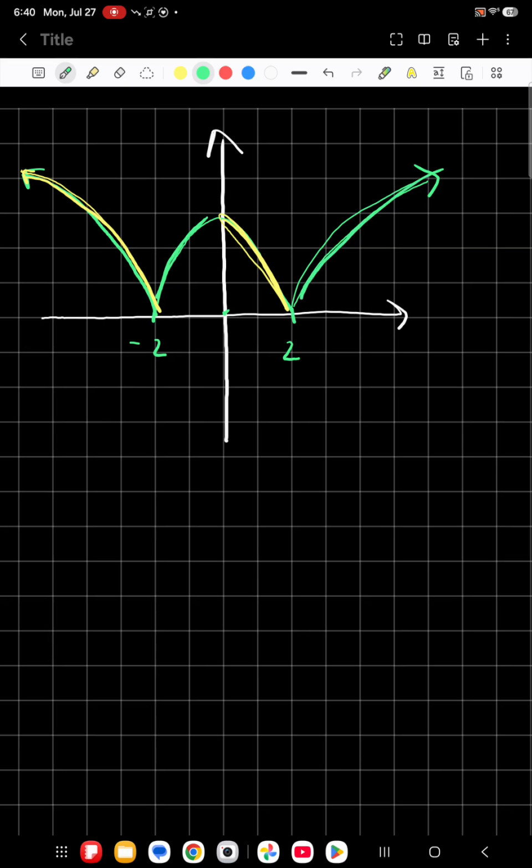So let's write it down. Increasing would be from -2 to 0, and then the other one is from 2 to positive infinity.